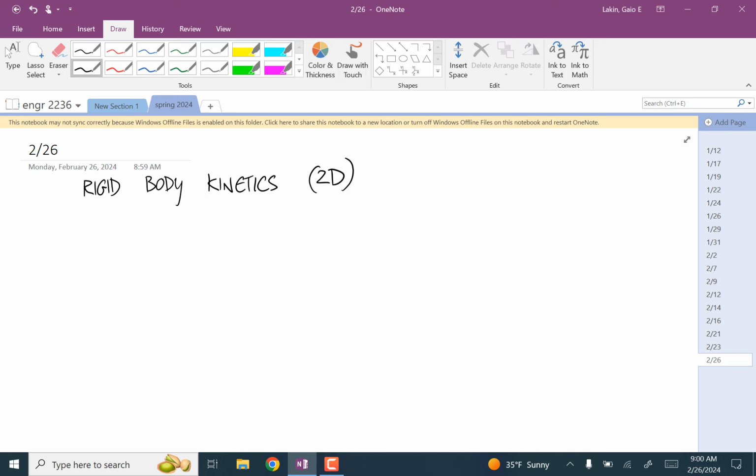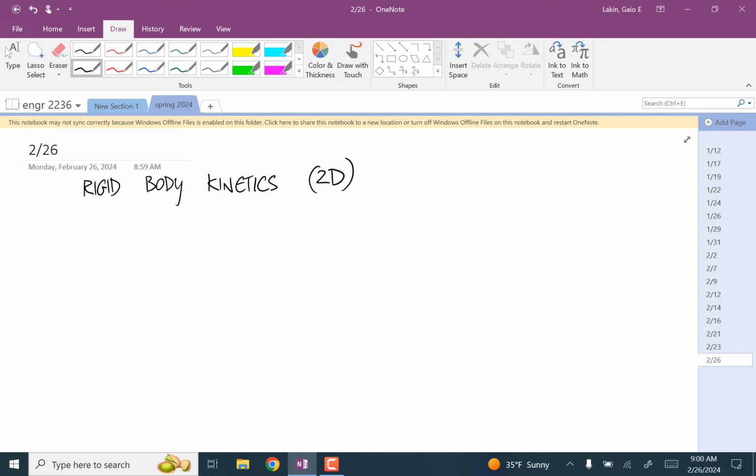There aren't too many things where 2D and 3D are fundamentally different. But with rigid body kinetics, you have to approach 3D problems fundamentally differently. So we're not getting into that now. I think we're going to get to that right at the end briefly, just so you see what it's like.